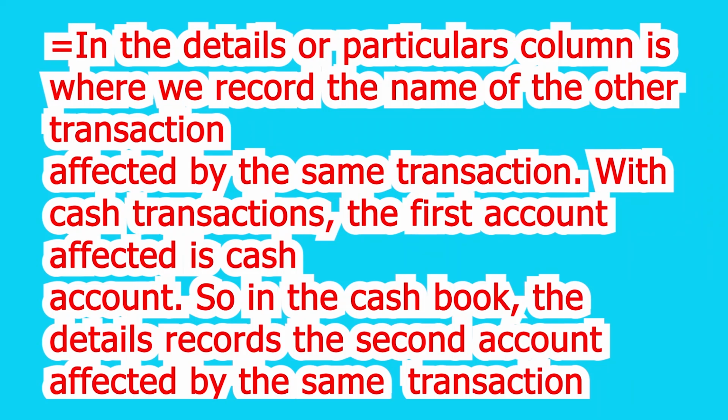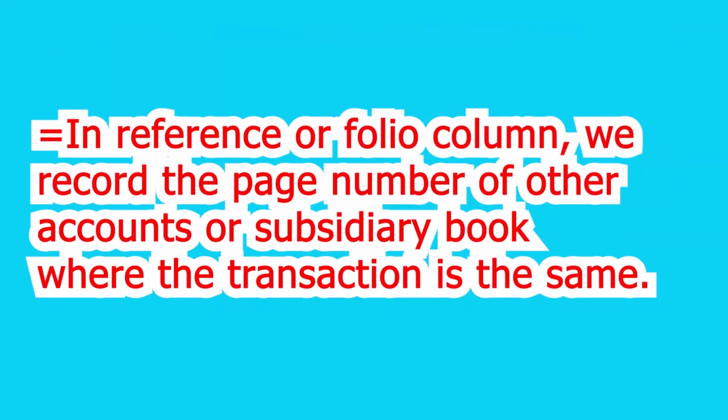With cash transaction, the first account affected is the cash account. So in the cash book, the details records the second account affected by the same transaction. Then we have the reference or folio column. Here we record the page number of other accounts or subsidiary books where the transaction is the same.